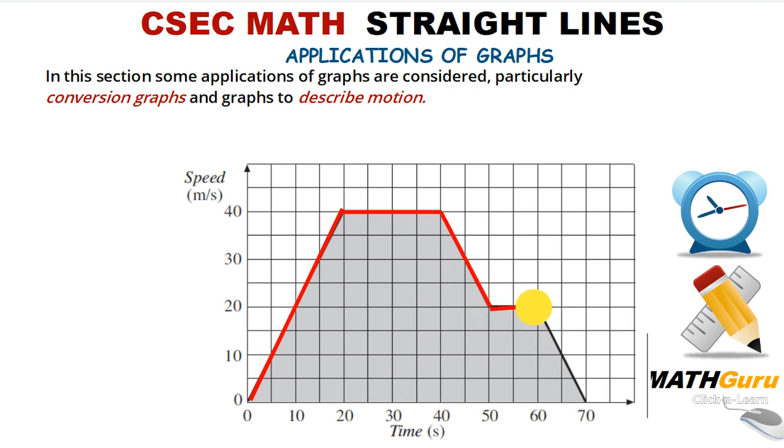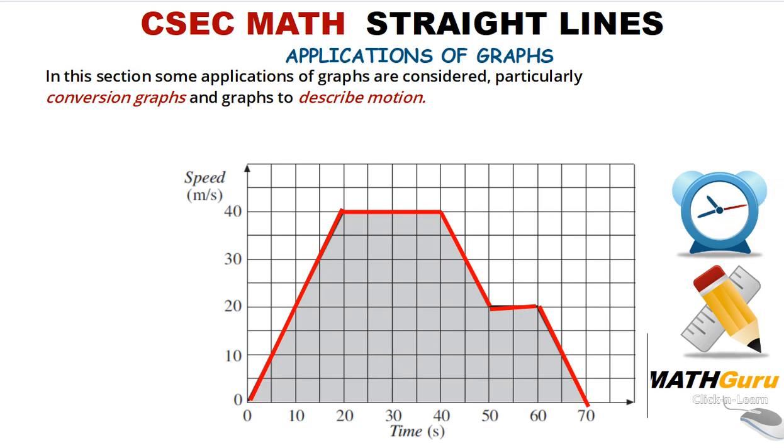And the area in gray, the shaded area on the graph, shows the distance traveled. The area shows the distance. The gradient of this graph gives the acceleration of the car.